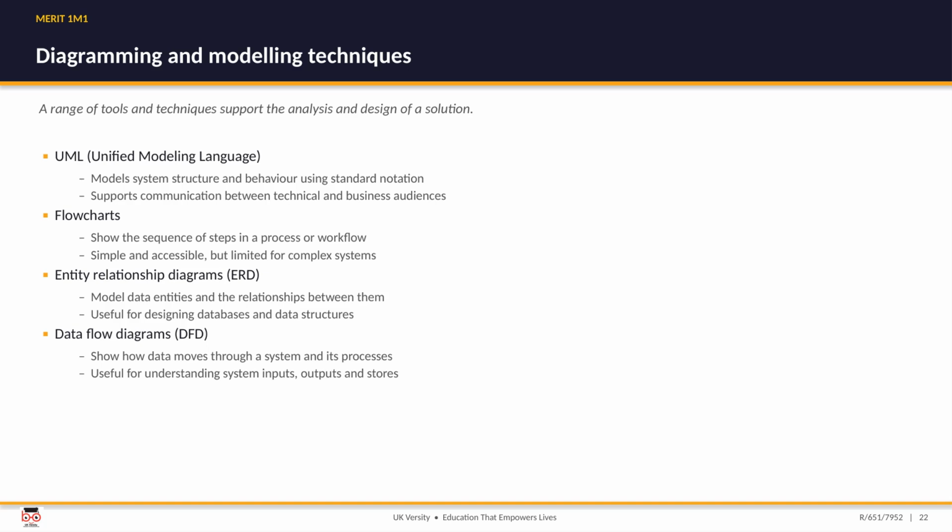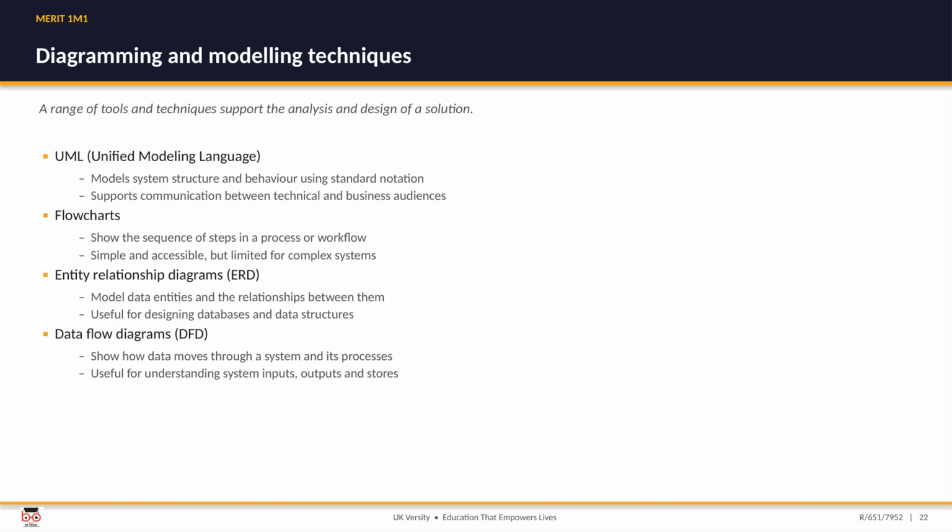Now to the merit material, the tools and techniques an architect uses to analyze and design. There is a whole family of diagramming approaches here. The Unified Modeling Language, or UML, uses standard notation to model both the structure and the behavior of a system, and it is good for bridging technical and business audiences.